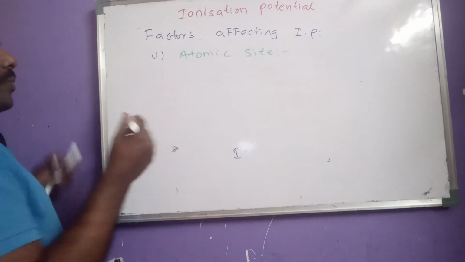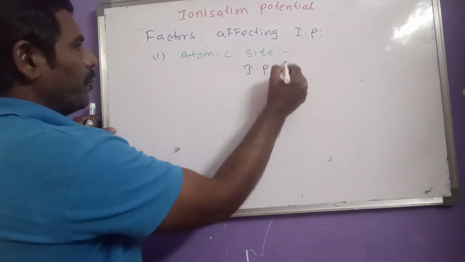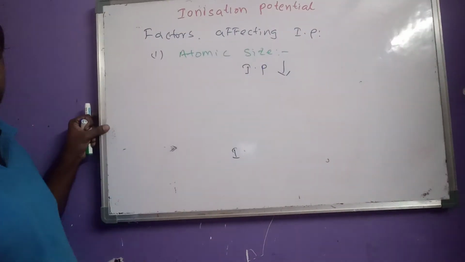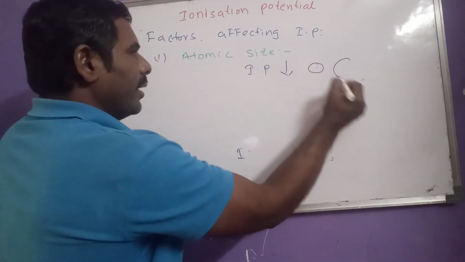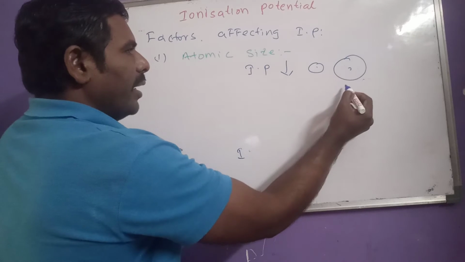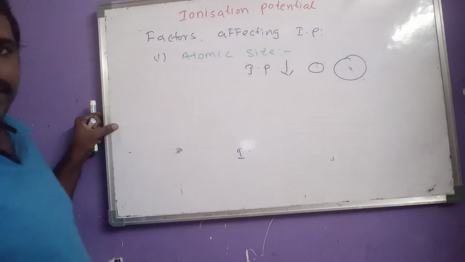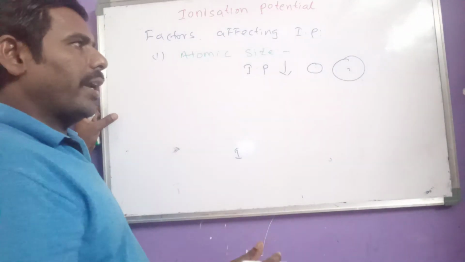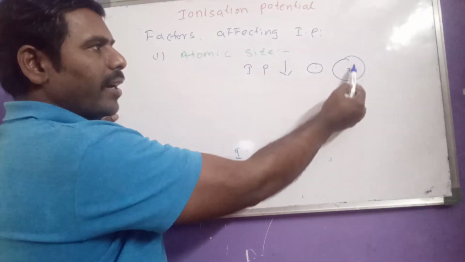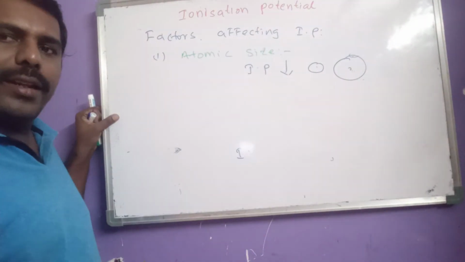As atomic size increases, ionization potential value decreases, because as atomic size increases, nuclear attraction on the outermost electron decreases. Decreases means kam hote, decreases. As the nuclear attraction decreases, the electron can be easily removed.